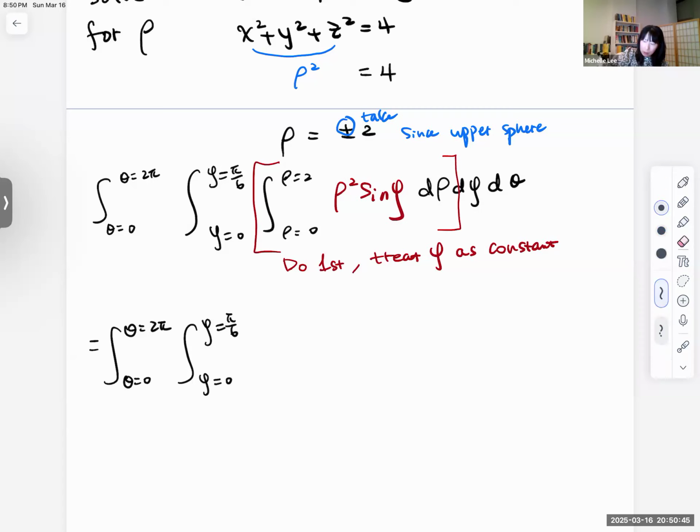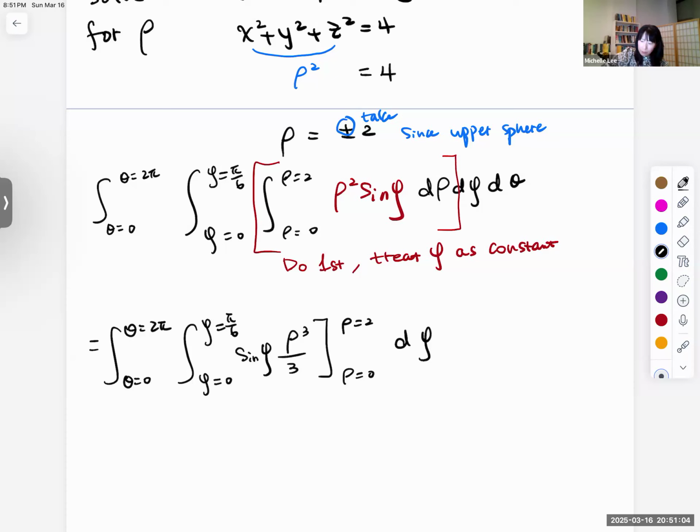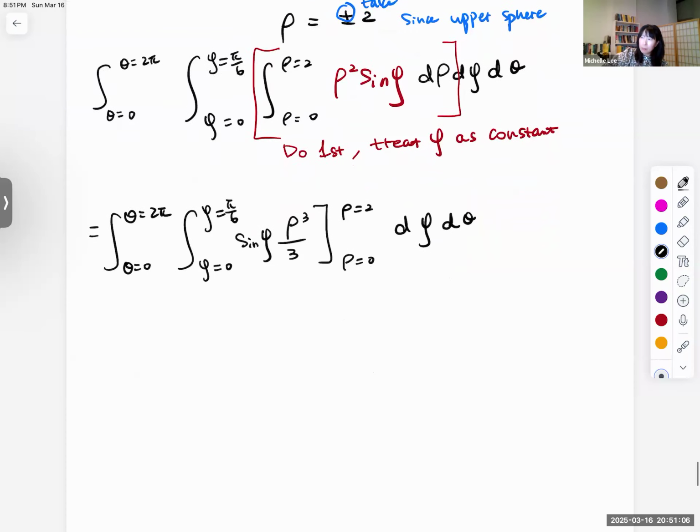Then rho squared integrates to rho to the third power over 3, with sine phi as the constant. We evaluate from 0 to 2, d phi d theta, right?